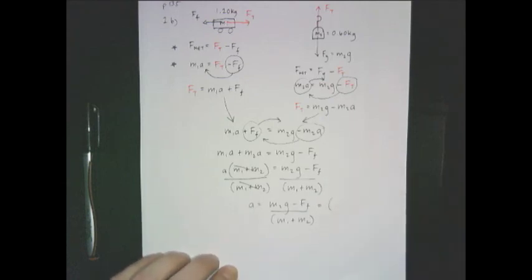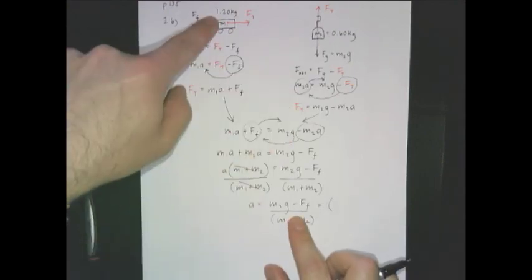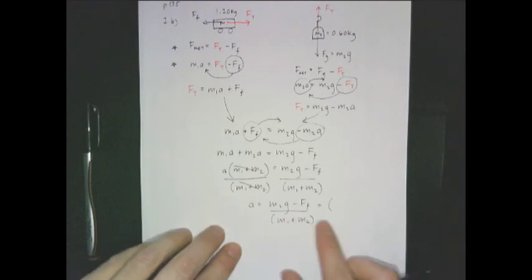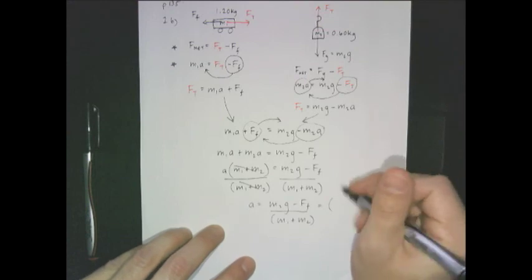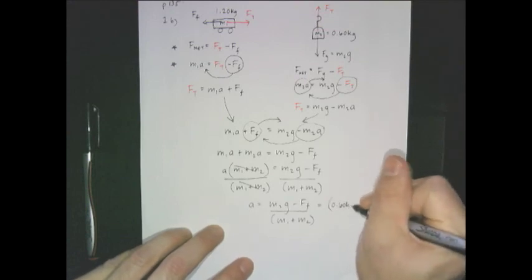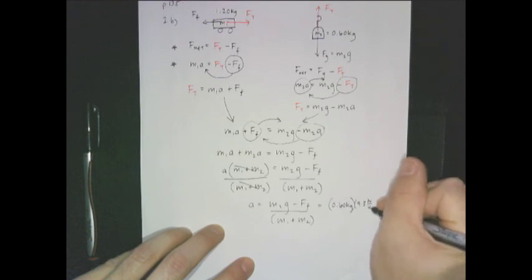Another tricky part in answering these questions is making sure you choose the right masses and the correct values for friction when you're subbing and solving. So everyone do this together with me, where we have 0.6 kilograms times 9.8 newtons per kilogram.